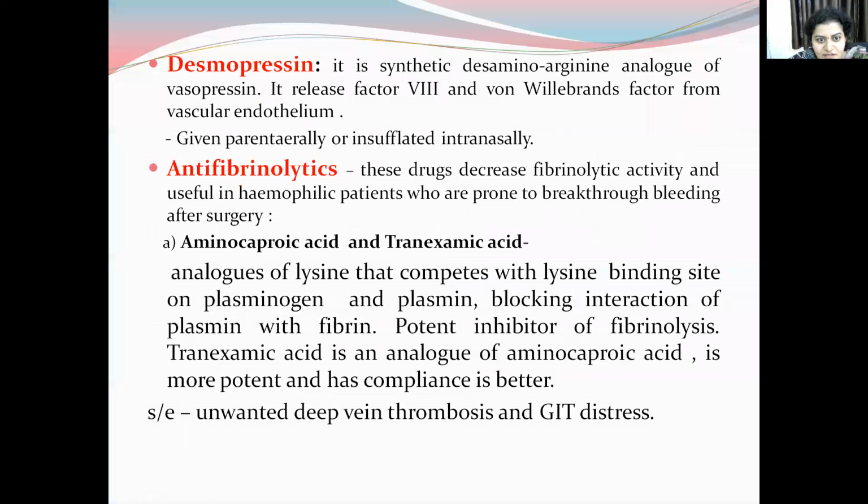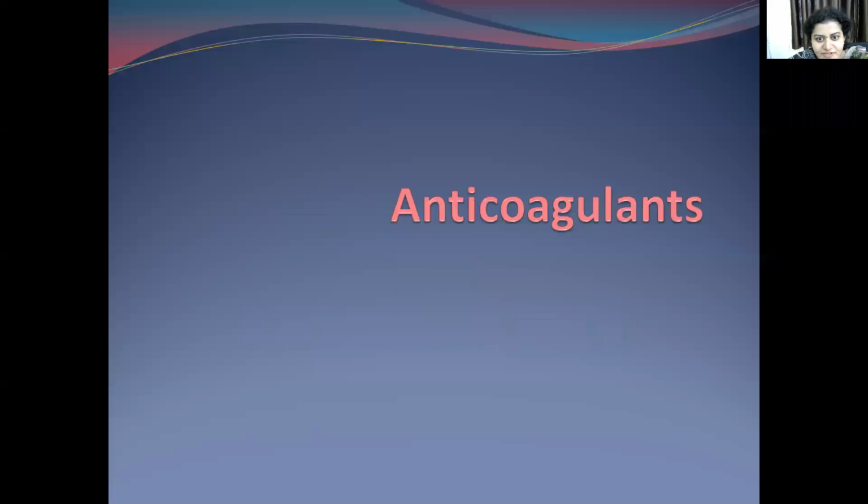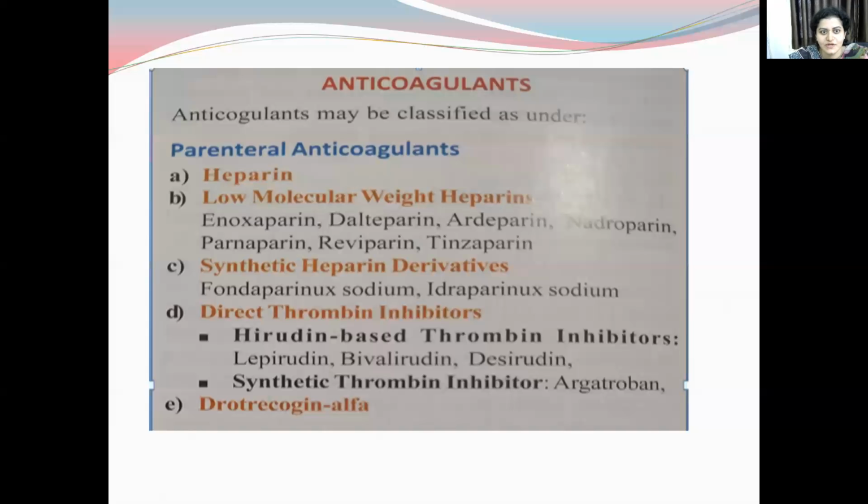Before starting, I will just tell the classification in detail. Anticoagulants may be classified into parenteral and oral anticoagulants. In parenteral anticoagulants, the first drug is heparin. Second is low molecular weight heparins, which includes enoxaparin, dalteparin, ardeparin, nadroparin, reviparin, and tinzaparin.